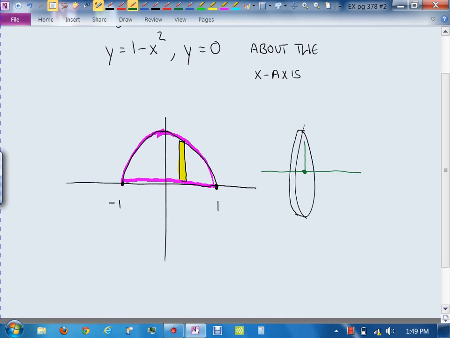What's the radius of this washer? It's the function, which for us is 1 minus x squared, right? And then it's dx wide.